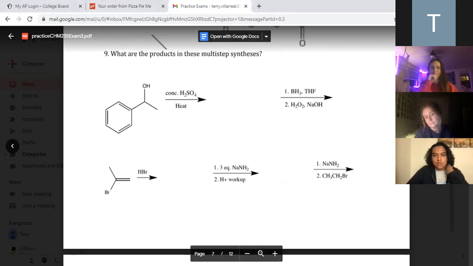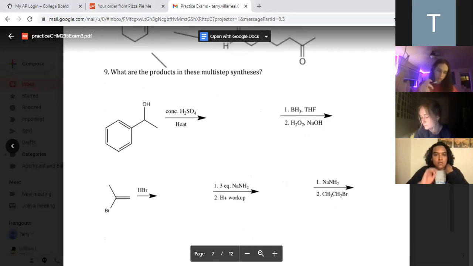Okay, what are the products in these multi-step syntheses? I will give you guys 1 minute because these should be fast ones, to do the first one.